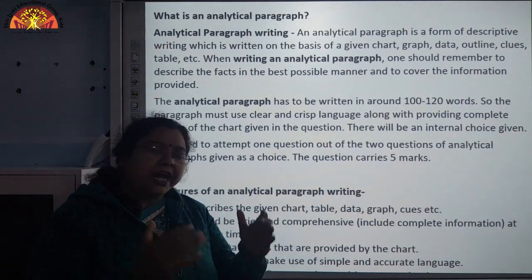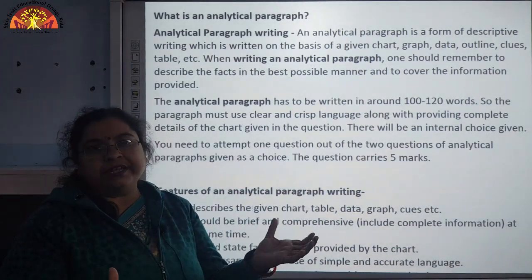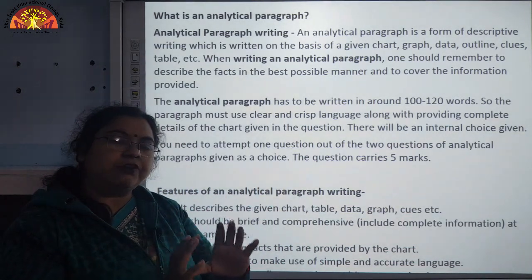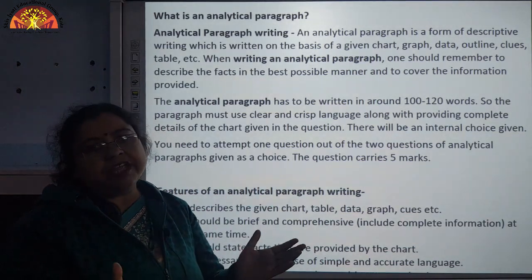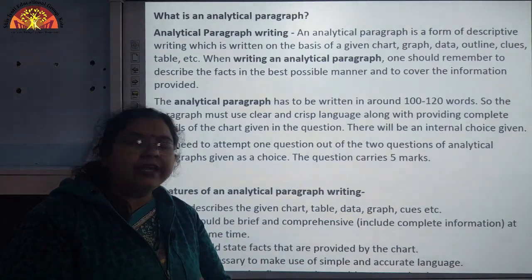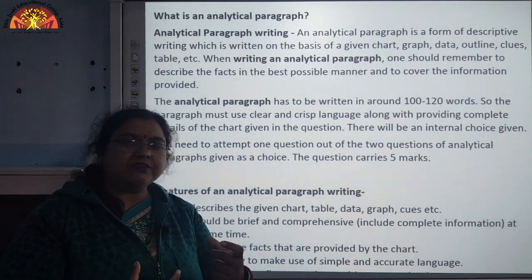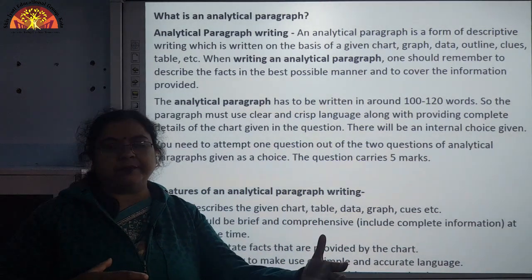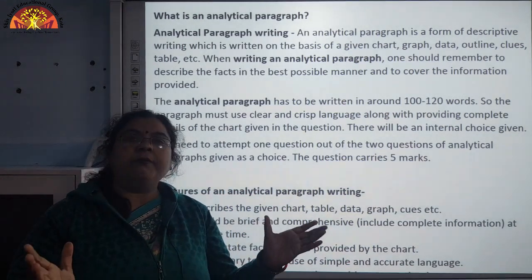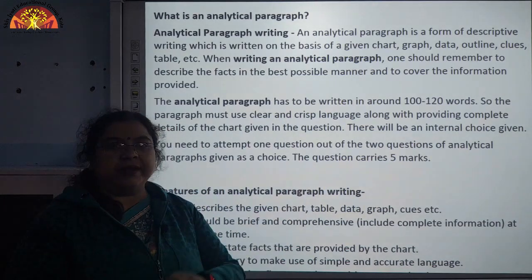So you have to include all the information shared with you within this word limit. That's why we suggest you write in a crisp manner. No elaborations are required, just one piece of information and just one representation of it, because you will have a big set of information to share in this word limit.